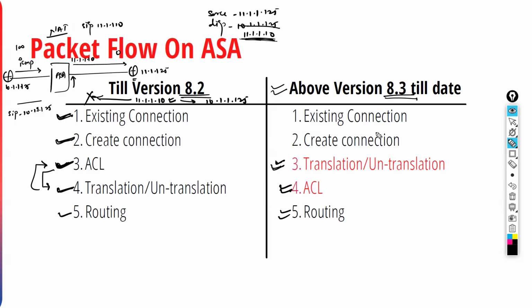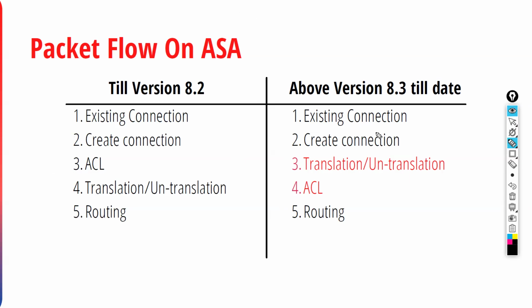All right, great. So right now, the packet flow we are using is this one, and currently we are going with the 9.2 version. This is how your ASA makes the forwarding decision. First of all, it will check for an existing connection in the connection table.